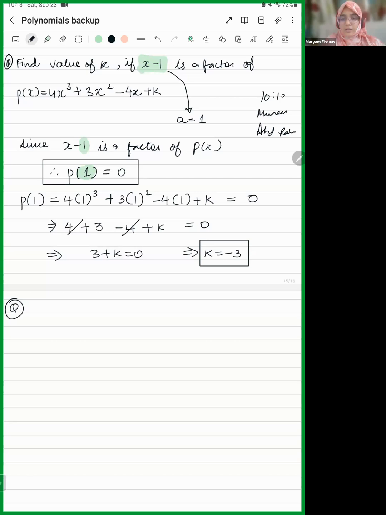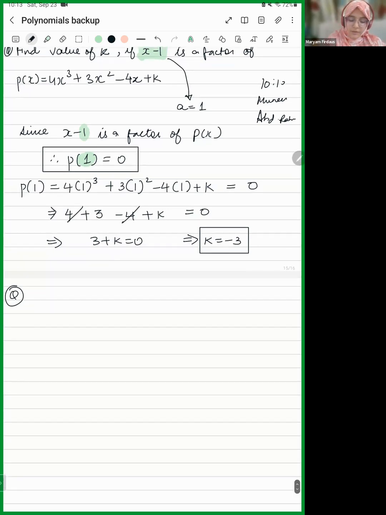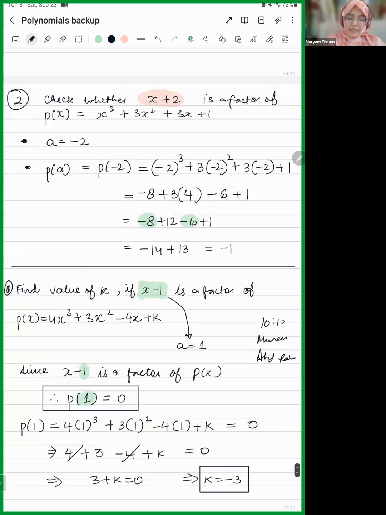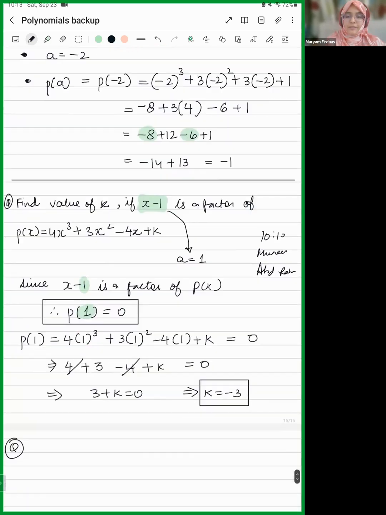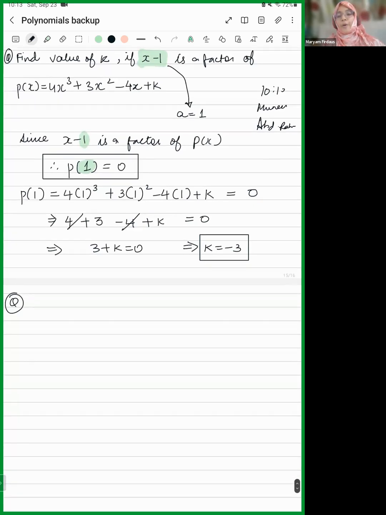Fine. So now let's do another type of question. Now we have seen that we can find factors of polynomials, right? Acha, so you guys remember the splitting the middle term method of factorizing?